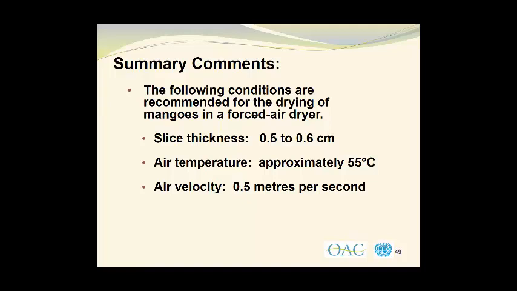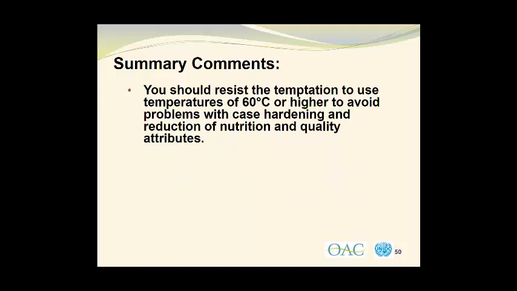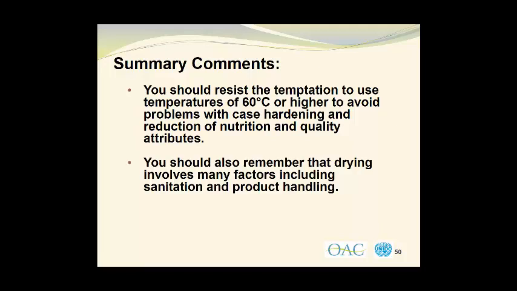You may not be able to gauge the velocity of the air with any degree of accuracy, but you can do this by feeling the air with your hand. If you don't feel a sufficient amount of airflow, you will need to adjust the airflow to bring that level up. You should resist the temptation to use temperatures of 60 degrees Celsius or higher to avoid problems with case hardening and reduction of nutrition and quality attributes.